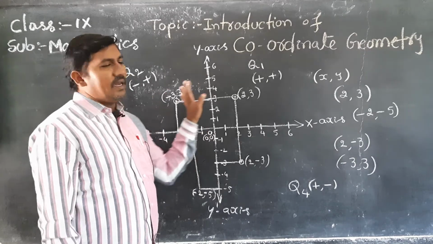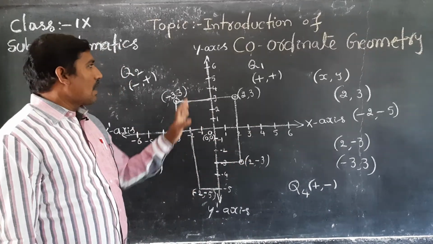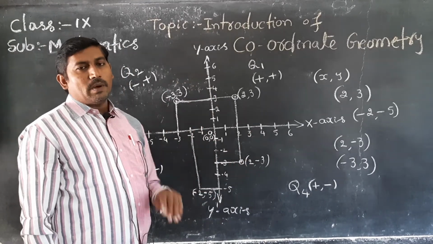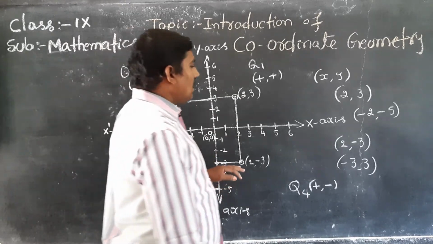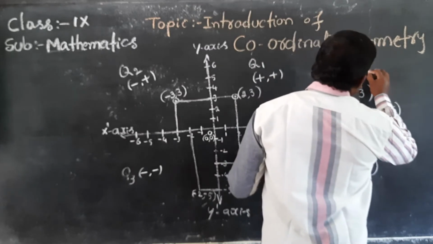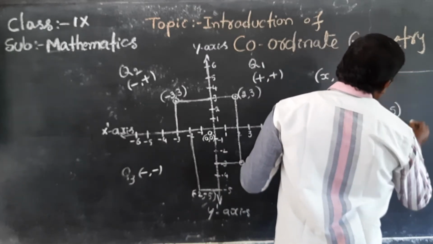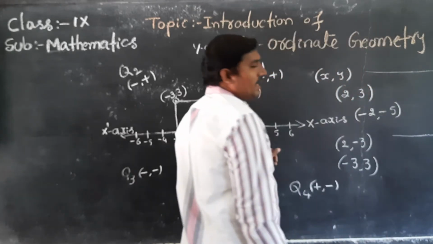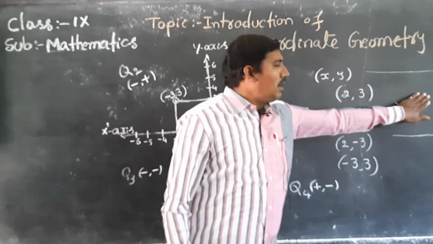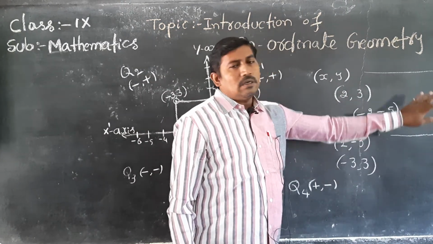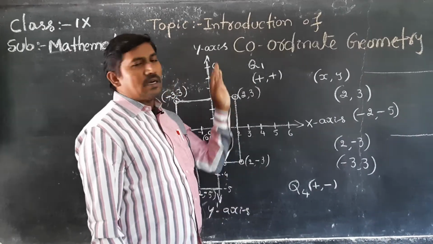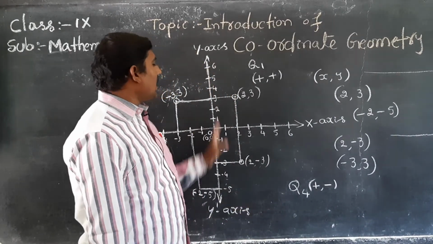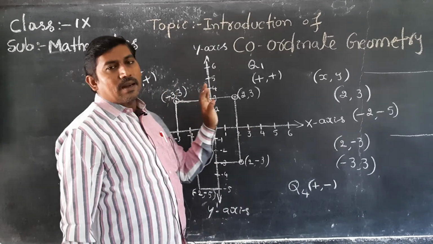Actually this is a plane, a total plane. The y axis divides it into two parts, a left part and a right part. Only the horizontal line divides it into an up part and a down part, and the vertical line divides it into a left part and a right part.